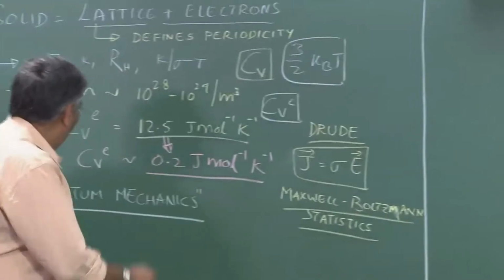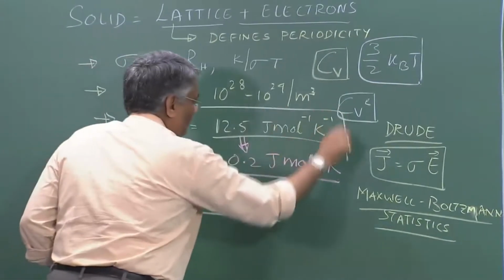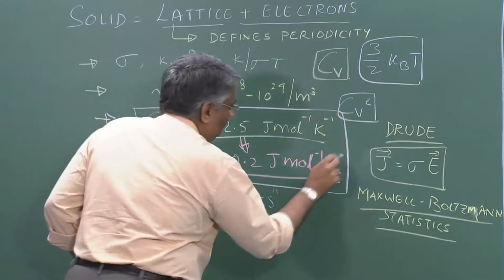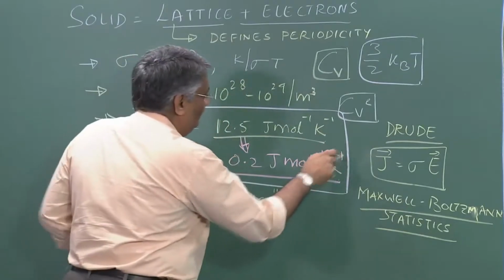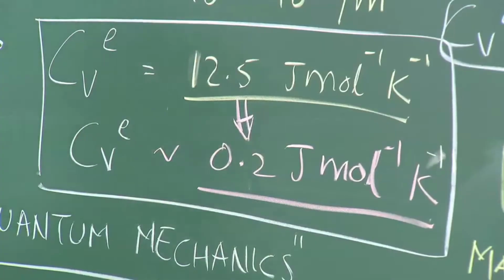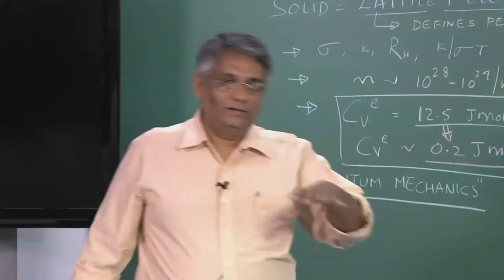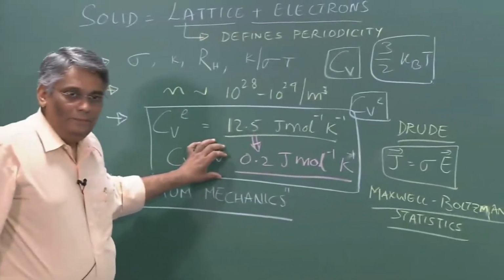Okay. And the real problem is this: we need to explain why there is a 1 order change between the theoretically predicted values and the experimental values. Okay.